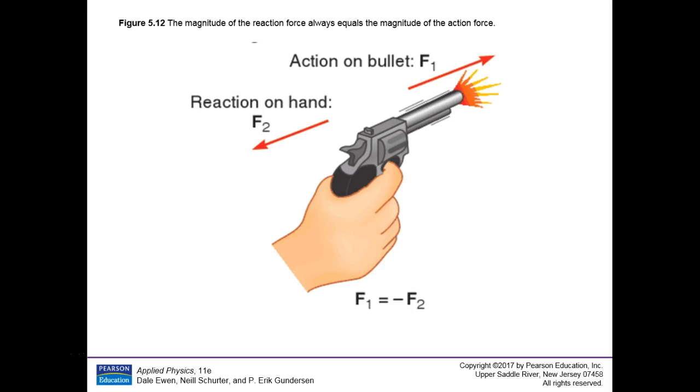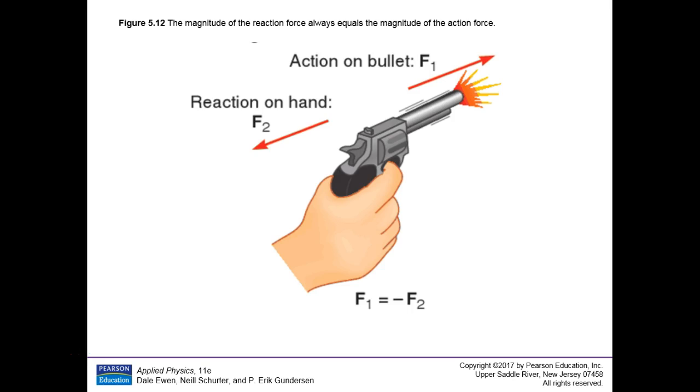When you were firing, especially a high-powered rifle, you didn't hold the rifle off your shoulder. If you did, you're probably going to have a separated shoulder, because when that explosion happens in the cartridge and that powder goes off, that bullet is fired out with an enormous force.